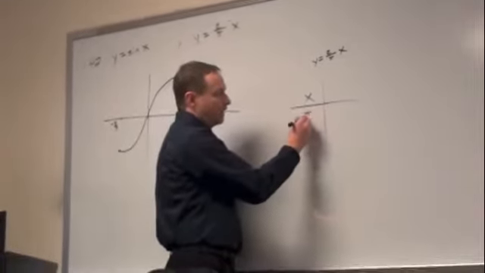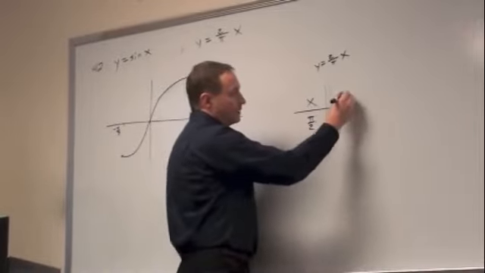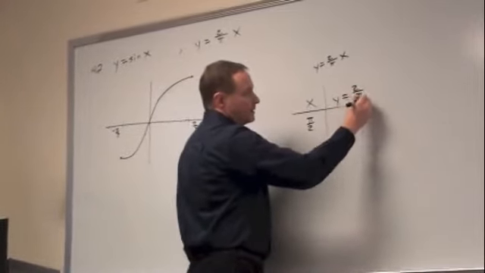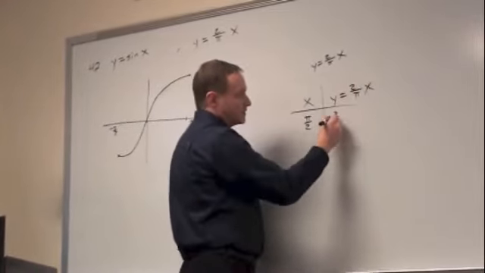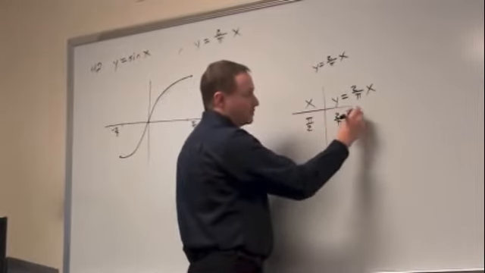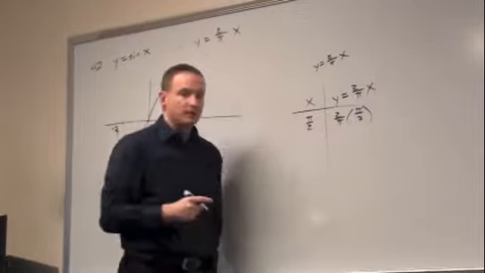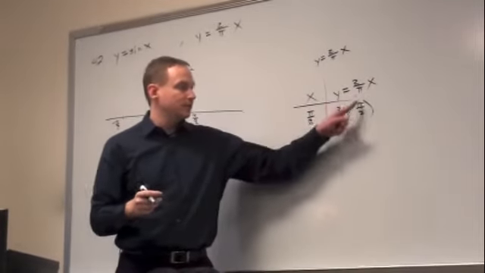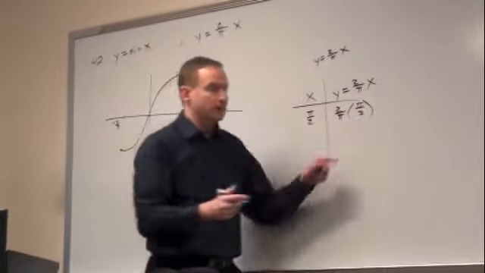At x equals pi over 2, the y value, 2 over pi times x, becomes 2 over pi times pi over 2. Please notice, when x is pi over 2, this function is 1.